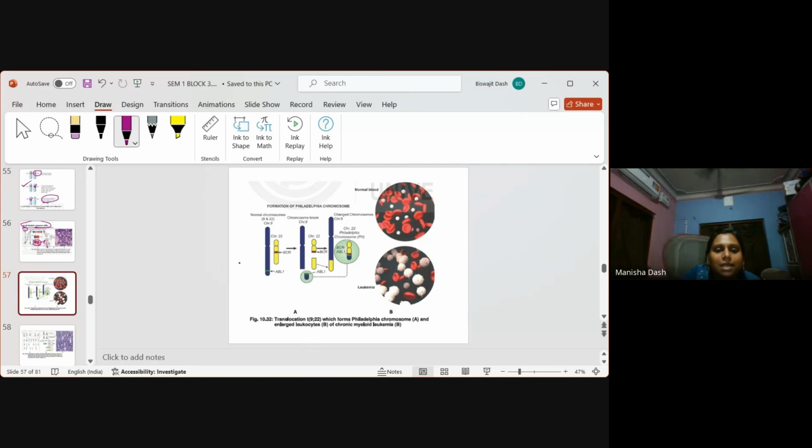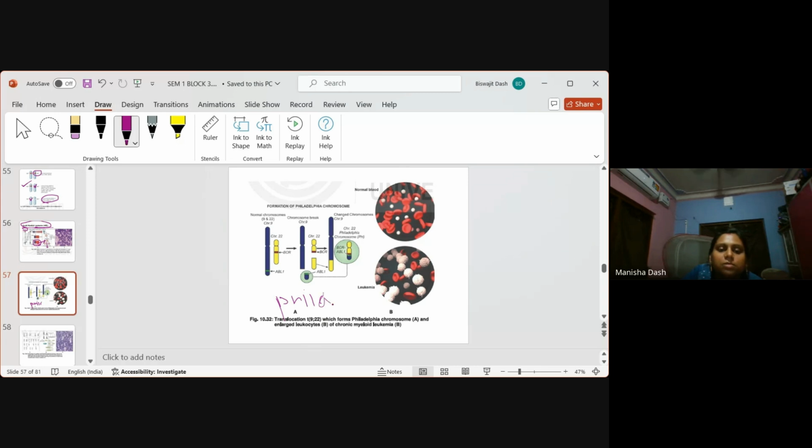Similarly, here also, there is a translocation occurring between chromosome number 9 and chromosome number 22. This is another interesting one that you must remember. After this translocation, the 22nd chromosome is called the Philadelphia chromosome.